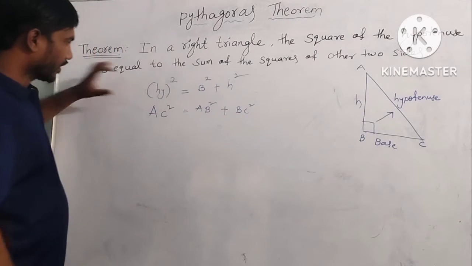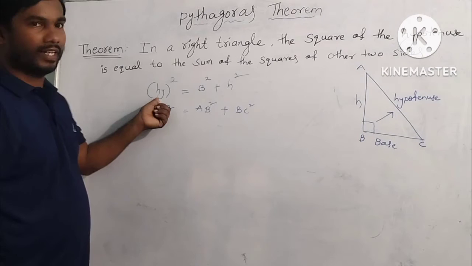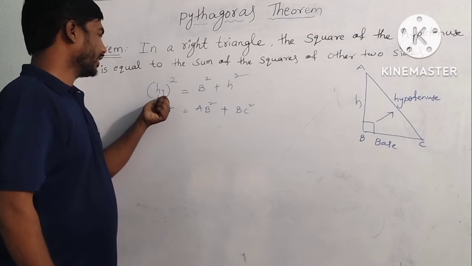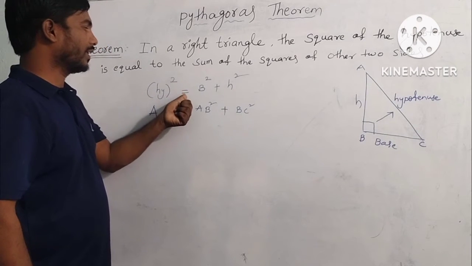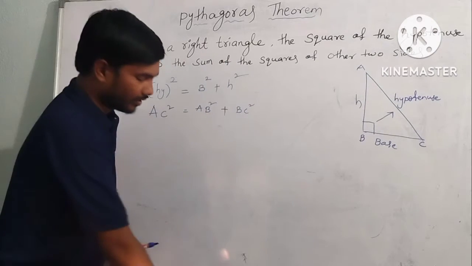In a right angle triangle, the longest side, the side opposite to the right angle, is the hypotenuse. So hypotenuse square equals base square plus height square. This is the theorem.